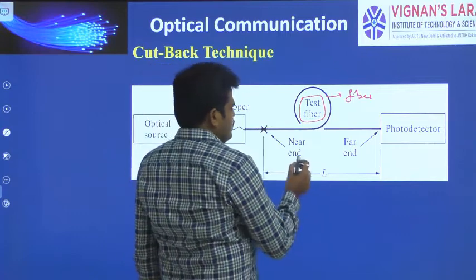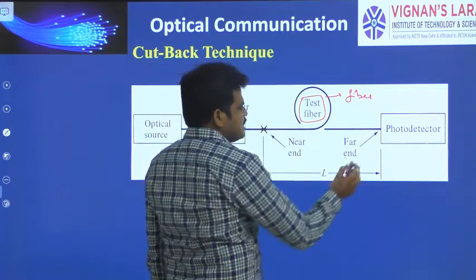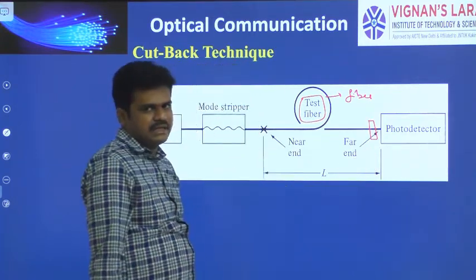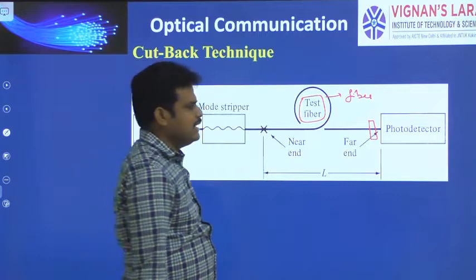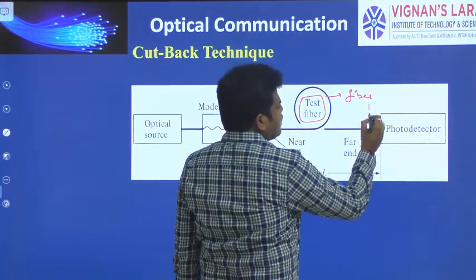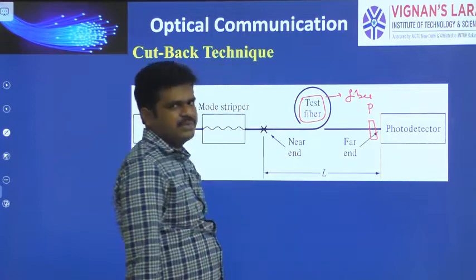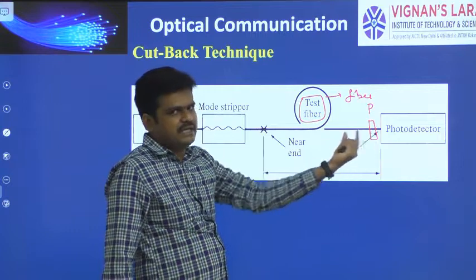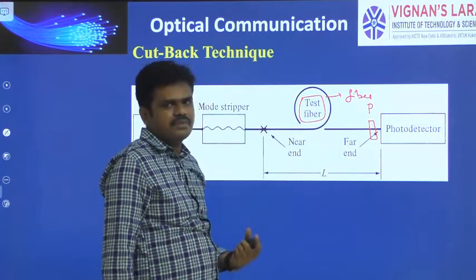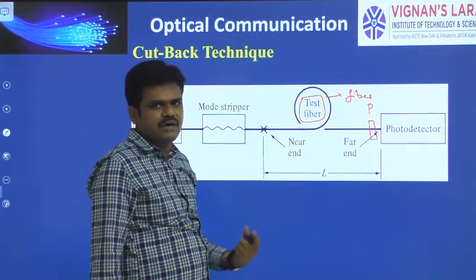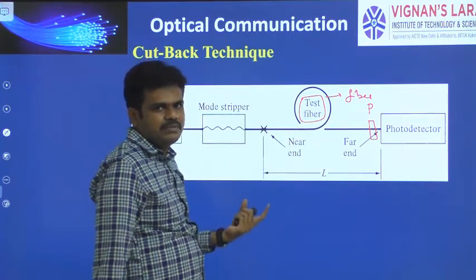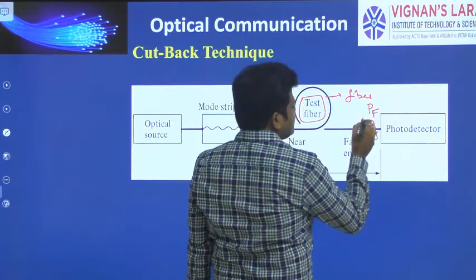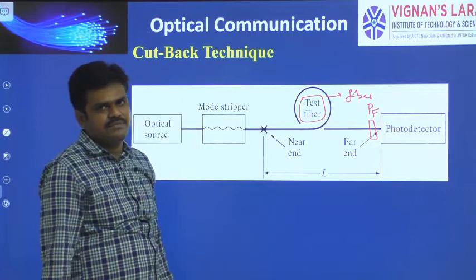What we do is we cut the optical fiber near the photo detector and try to measure the power. The first step is to cut the optical fiber near the photo detector. We call it the far end, far away from the source, and we measure the optical power there, say PF.